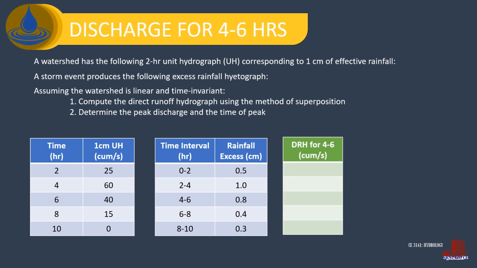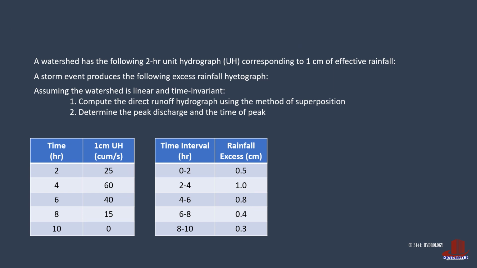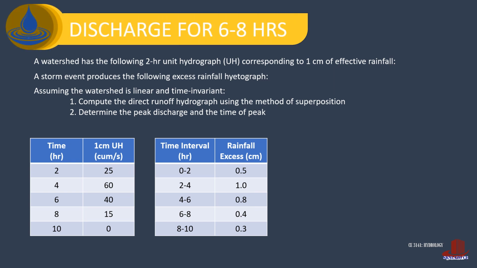Next is at time interval 4 to 6 hours. The depth of rainfall is 0.8. This is multiplied to the unit hydrograph, thus having 20 at T2, 48 at T4, 32 at T6, 12 at T8, and 0 at T10.